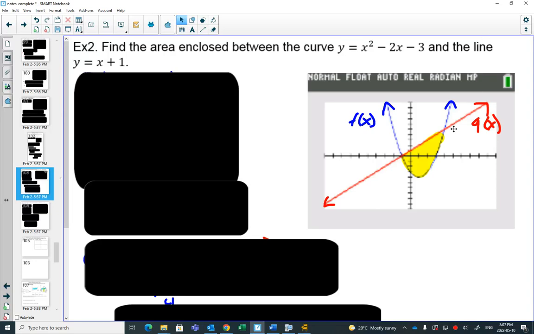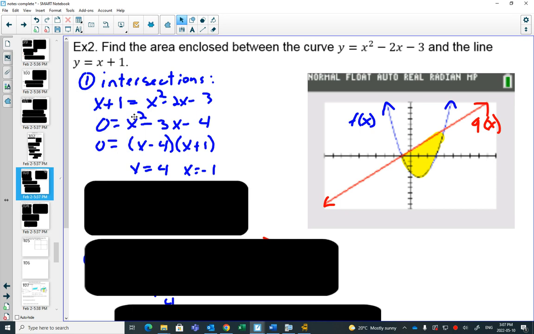First thing we have to find out is, where does it intersect? And we would get this point at negative 1, 0, and this point at 4, 5.